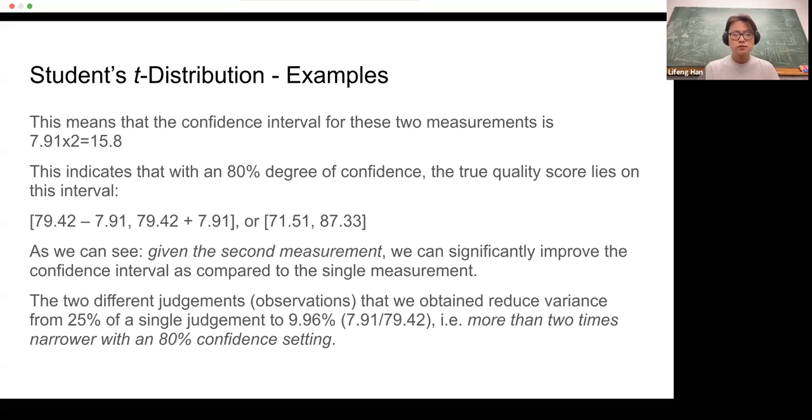As we can see, given the second measurement, we can significantly improve the confidence interval as compared to the single measurement. The two different judgments that we obtained reduced variance from 25% of the single measurement to 9.96%, that is more than 2 times narrower with an 80% confidence setting.